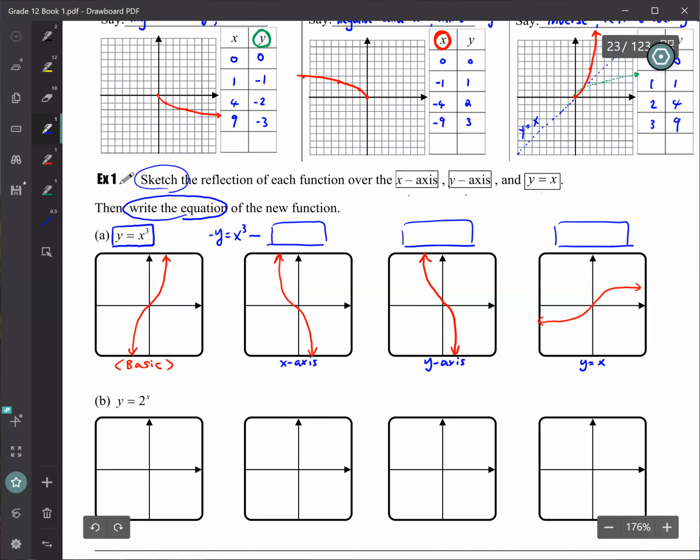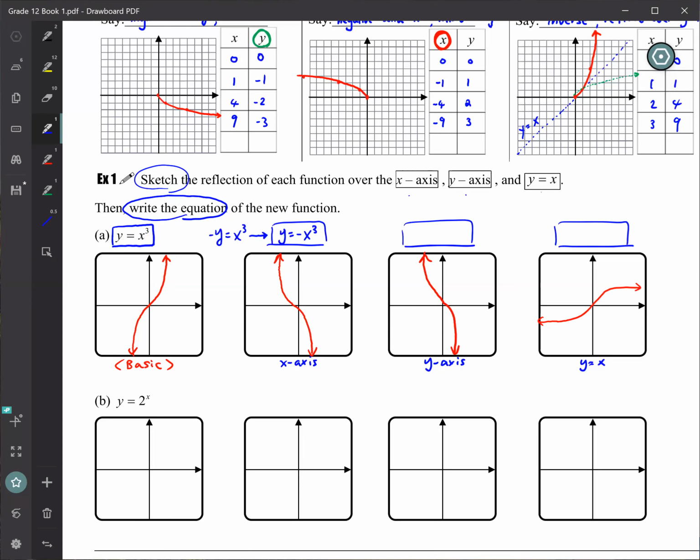But then when you write the answer, you have to isolate y. So it'll be y equals what, Donna? Equals negative x cubed. Yeah, okay. So writing out negative with a y is just helping you to understand what will happen.